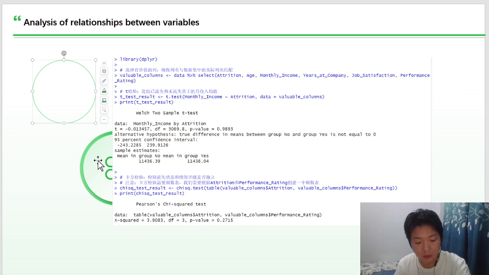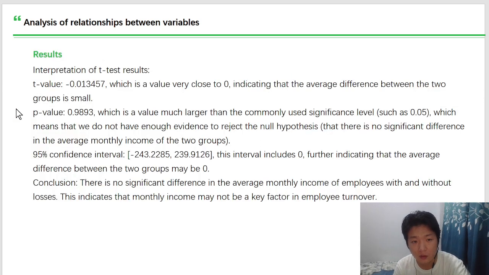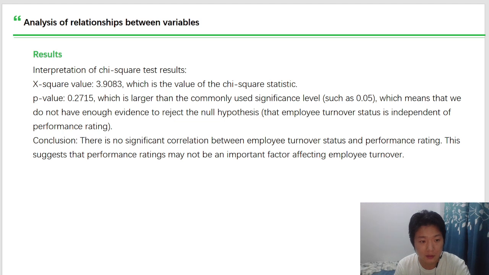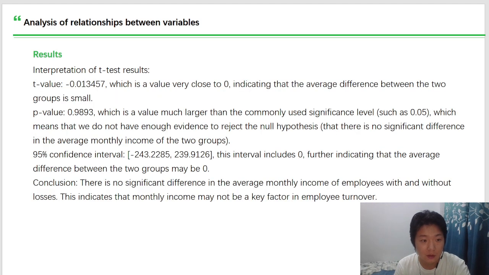It is some code, and the result of the code is like this. The t-test result: the t value is small and the p value is 0.9963, which is larger than the commonly used significance level such as 0.05.